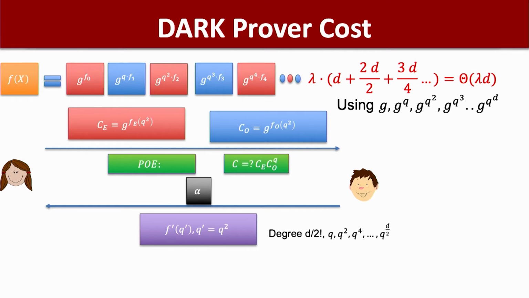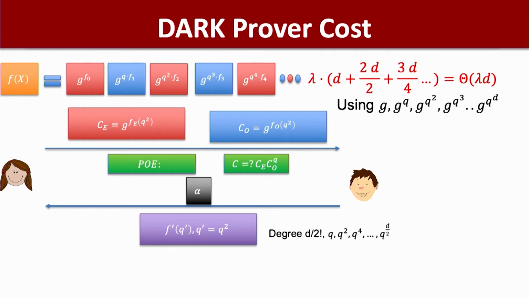In the second round, I have to commit to a polynomial of degree d over 2, but the coefficients are twice as large, so this is again d. And then in the third round, the coefficients grow a little bit, but the size of the polynomial shrinks more and more. And overall, this takes me basically lambda d steps, but only if I've pre-computed the powers of g to the q. So why is it important here that I pre-compute the powers of g to the q?